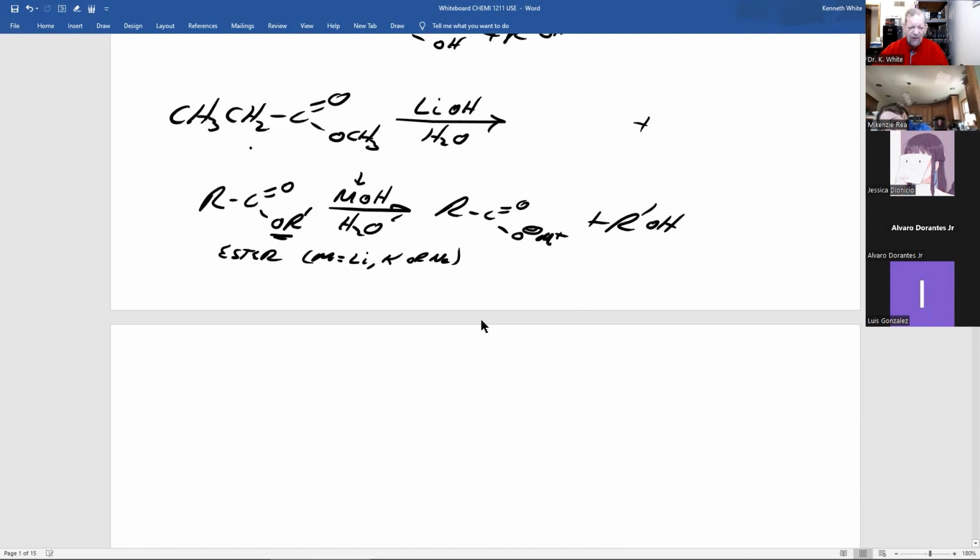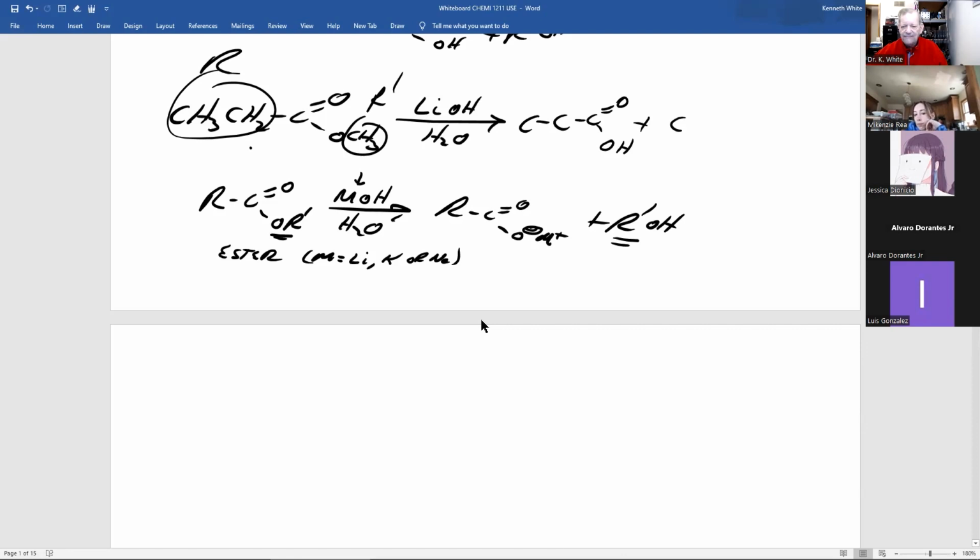Remember, the carbon in OR prime is the carbon in R prime here that has the hydroxyl group. This is R prime. And those are the two products you get.